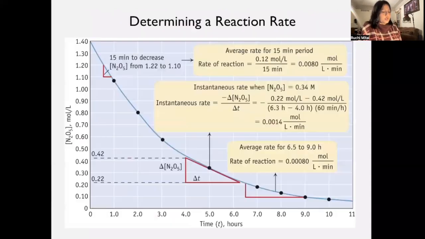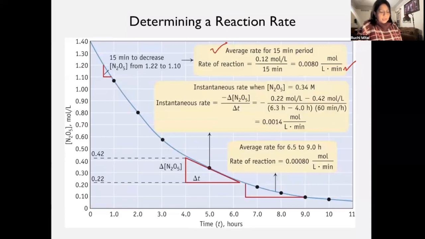So this graph shows a better picture over here. For the average rate for 15 minutes, you are looking at how much has disappeared in 15 minutes. You're looking at the change in concentration, the time change was 15 minutes, and you can calculate the rate of the reaction. Instantaneous at 0.35: if you're looking over here, you go to the concentration of 0.345, you draw a tangent over here, and then you calculate the slope of this tangent.